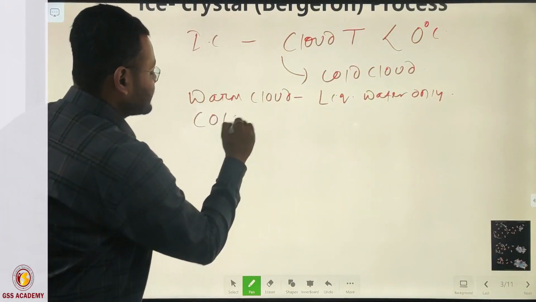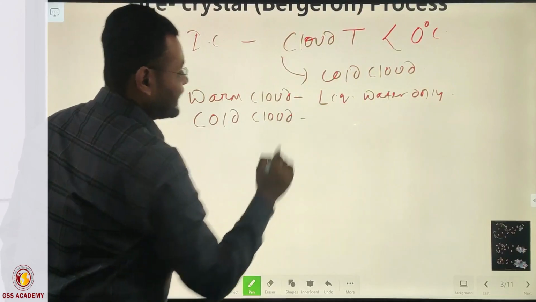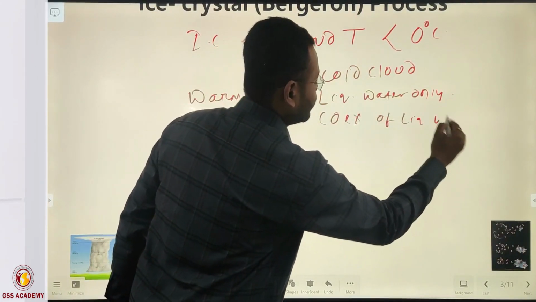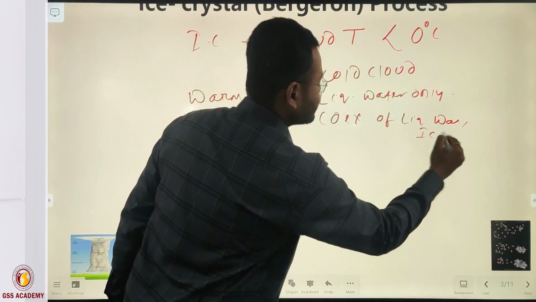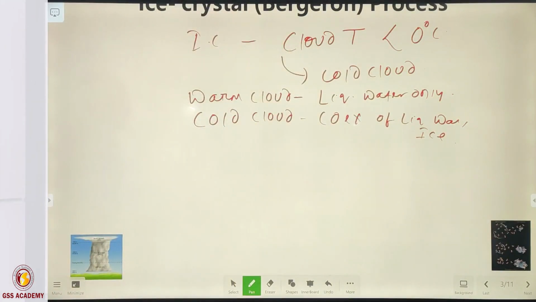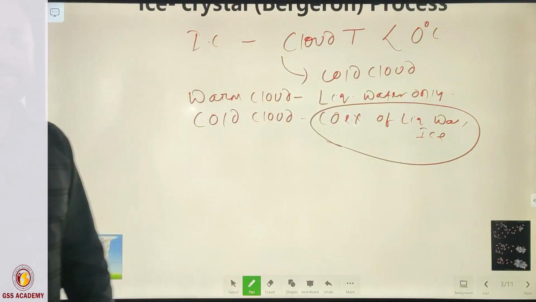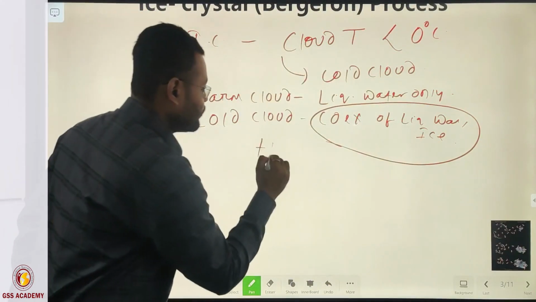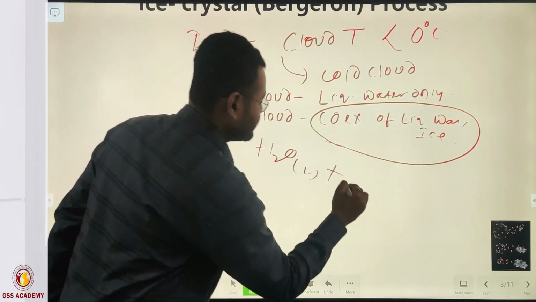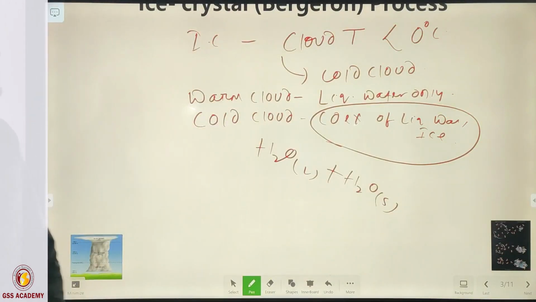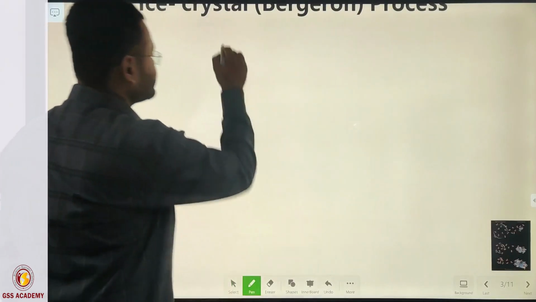But in the cold cloud we have the coexistence of liquid water as well as ice. Therefore, for the Bergeron process to operate sufficiently, the cloud must contain both liquid water as well as solid water, that is, ice.